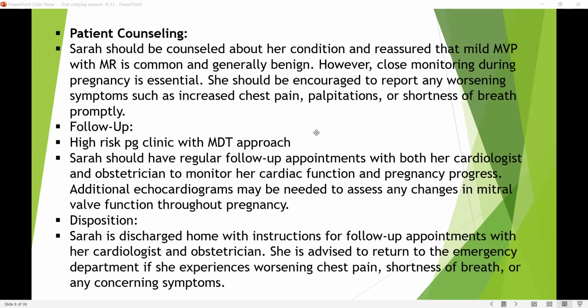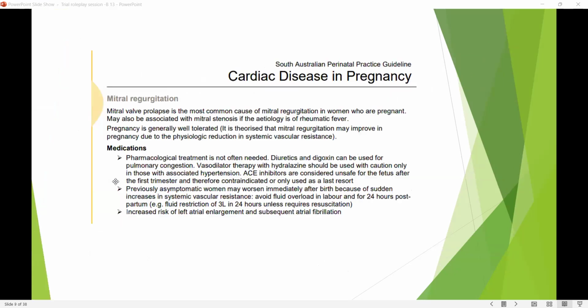Just close monitoring needed during this pregnancy. And your patient can go home with safety netting. You can provide the red flags. So that's the case.